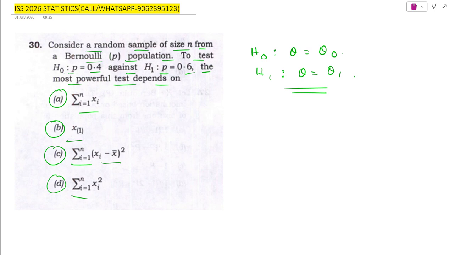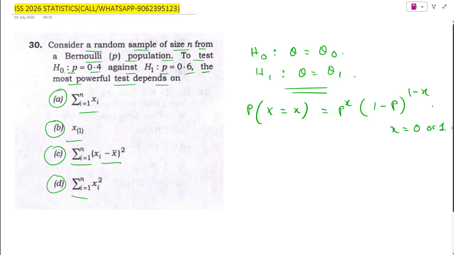So if I talk about the Bernoulli distribution for one observation, where x equal to 0 or 1, okay, for a random sample, the likelihood becomes, now collect the similar terms.